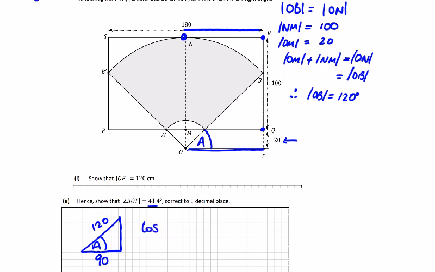So we can say that the cos of A is equal to adjacent over hypotenuse, which we can simplify to 3/4. So the inverse cos of 3 over 4 is 41.4, correct to 1 decimal place. So that's A.